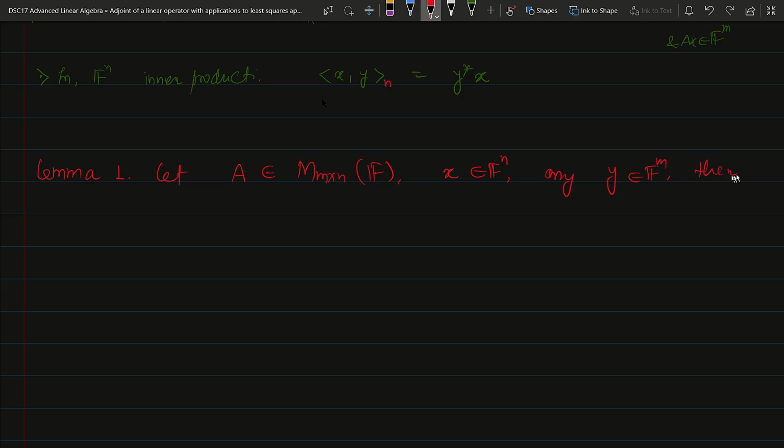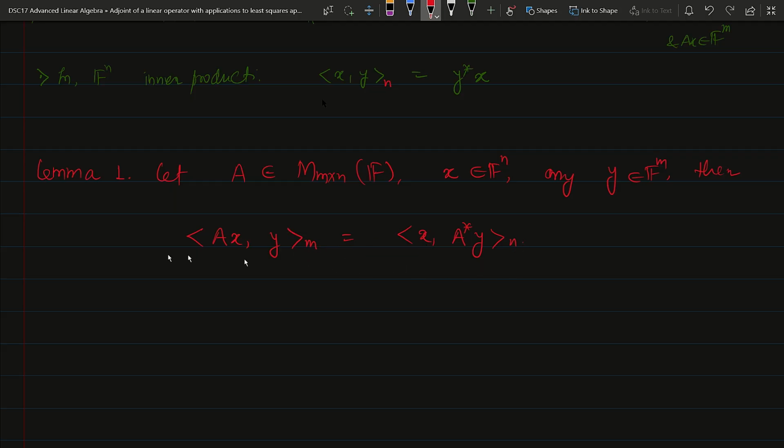Then we have that the inner product Ax comma y in M is the same as the inner product x comma A star y in n. Now this A star is the conjugate transpose of A. So you can see that through this lemma we can go from the inner product in M to the inner product in N.